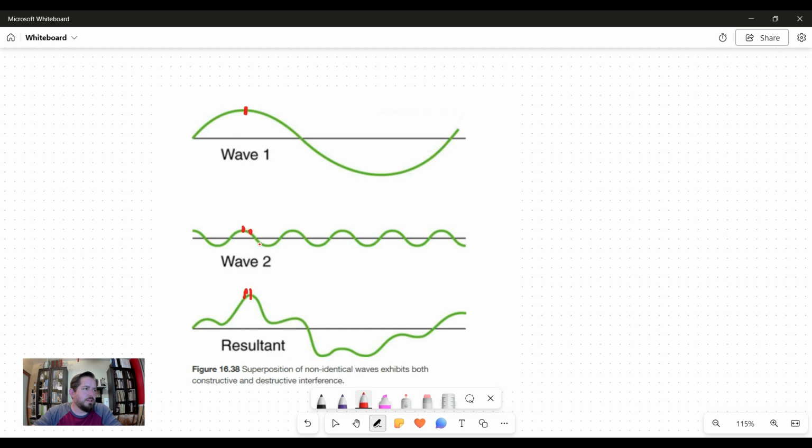But if you get this negative, it's going to subtract in this area, so you get a lower value, and you get a messy looking wave, but it's still a wave. So this is just the superposition of two waves that both exhibit constructive and destructive behavior.